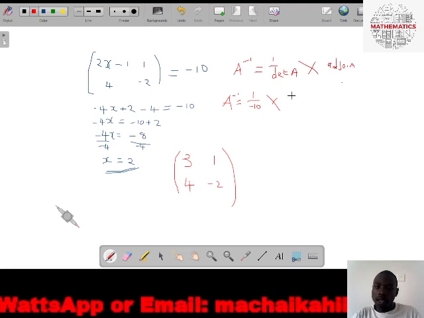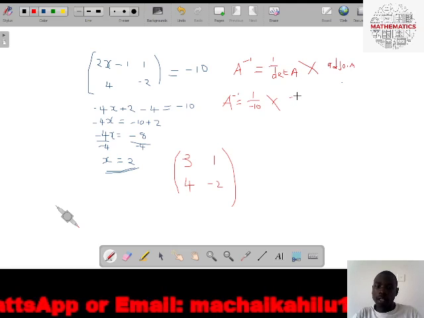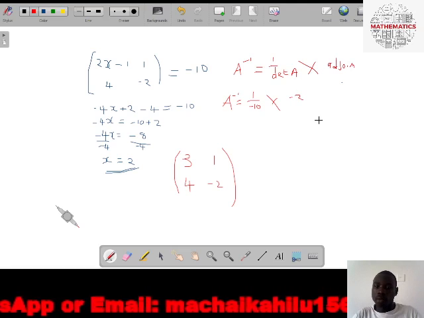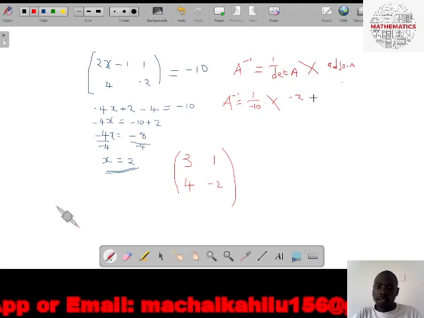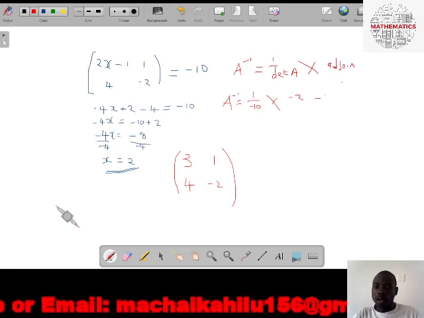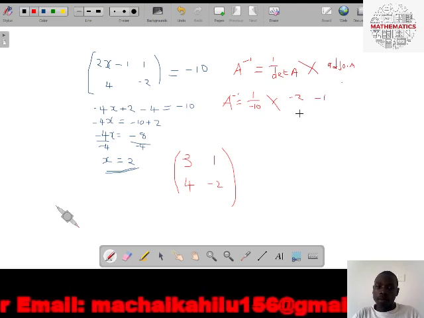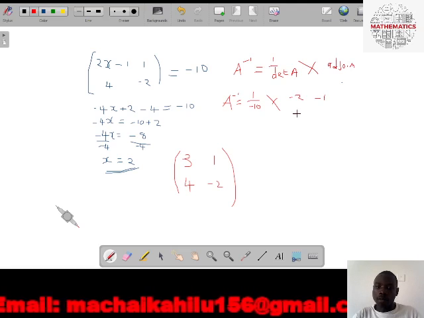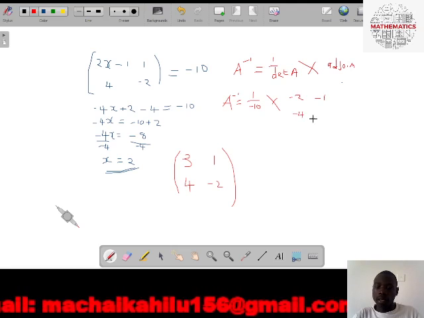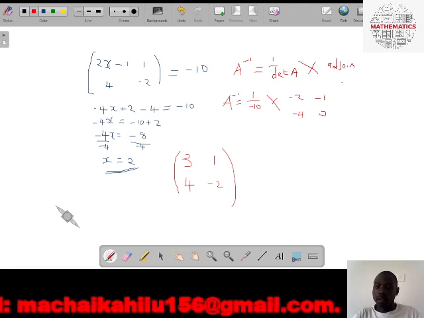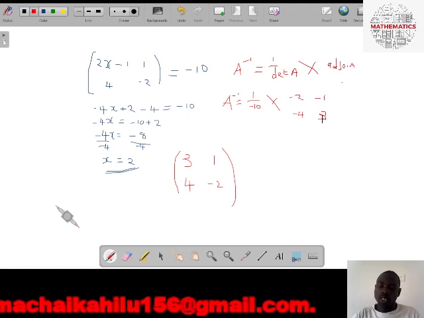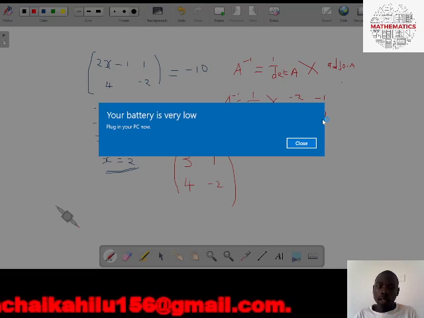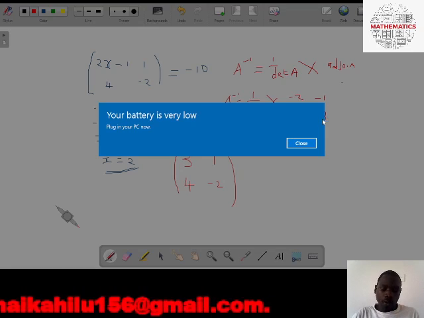We're going to interchange the elements in the major diagonal. So it will be negative 2 there, and this positive 1 will be negative 1, and positive 4 will be negative 4, and then 3 here. So we've just swapped the elements in the major diagonal.